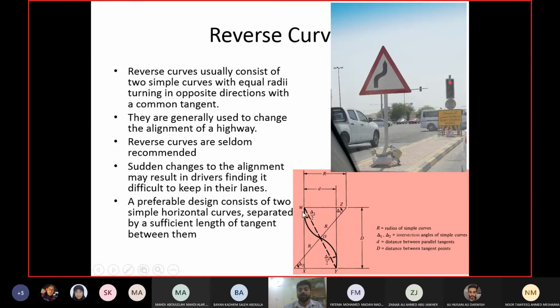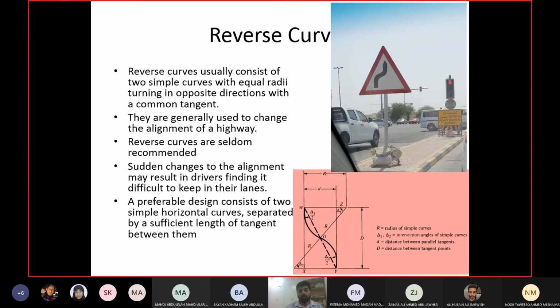See? So you are going like this along this curvature. Now at this point, which is point O, your curvature is completely changed from one direction to the complete opposite direction. So you are changing your direction 180 degrees at one point. Obviously in this case, it becomes very difficult for the driver to maintain their lanes. So that's why there are high chances of accidents, and we try to avoid that.